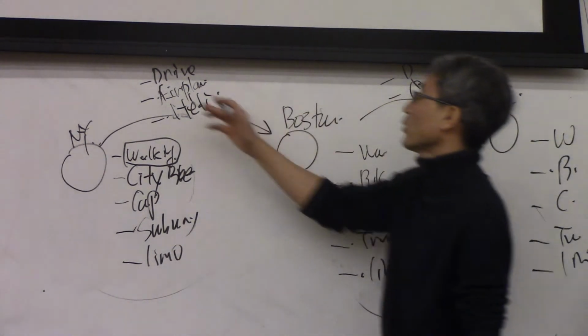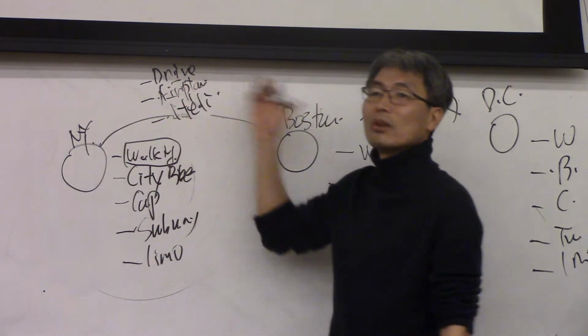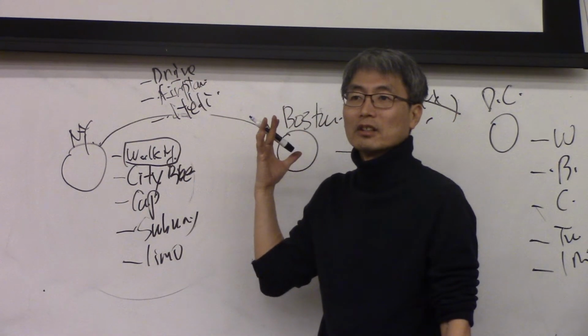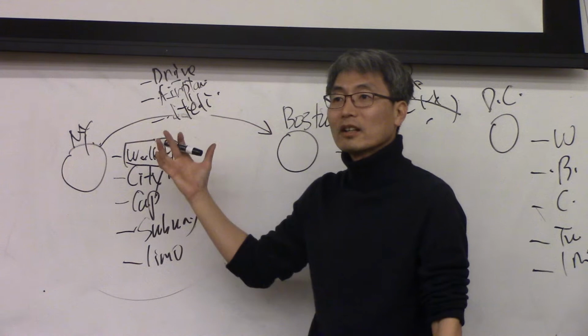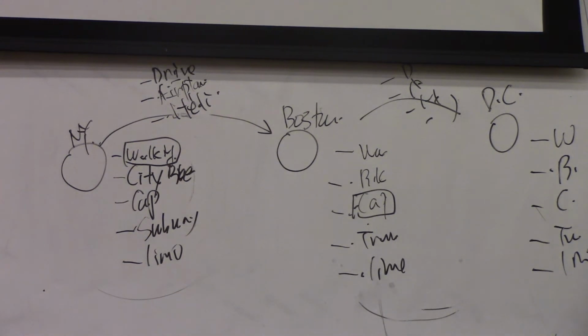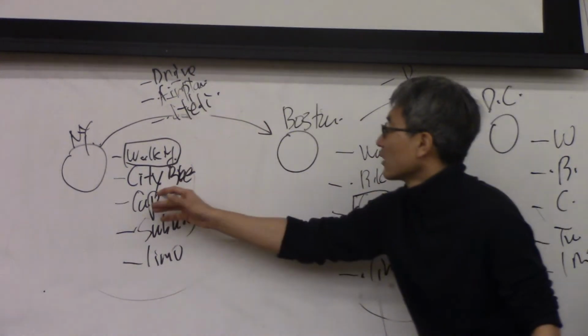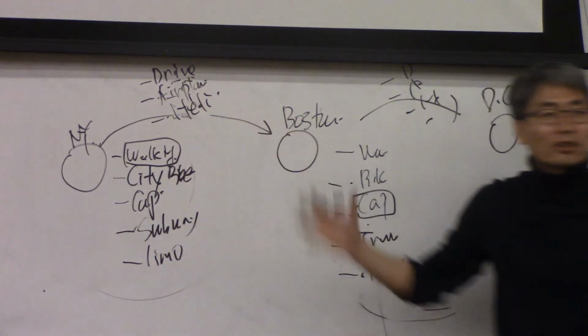How many different combinations of ways for the transition? 3 by 3. So 9 different ways.